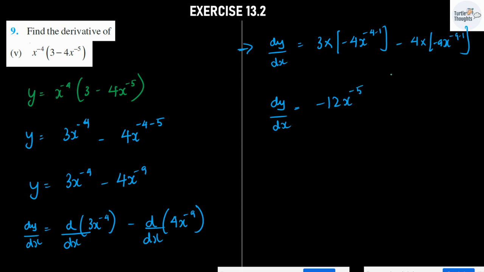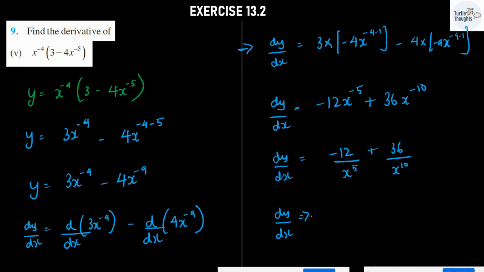Minus into minus is going to be plus 36x raised to the power minus 10. Upon simplifying, I can write dy by dx as minus 12 divided by x raised to the power 5 plus 36 divided by x raised to the power 10. Again, I can take 12 divided by x to the power 5 as common.